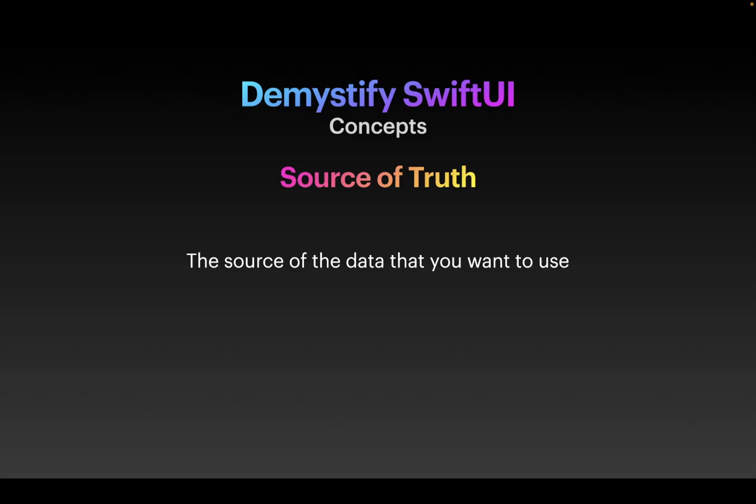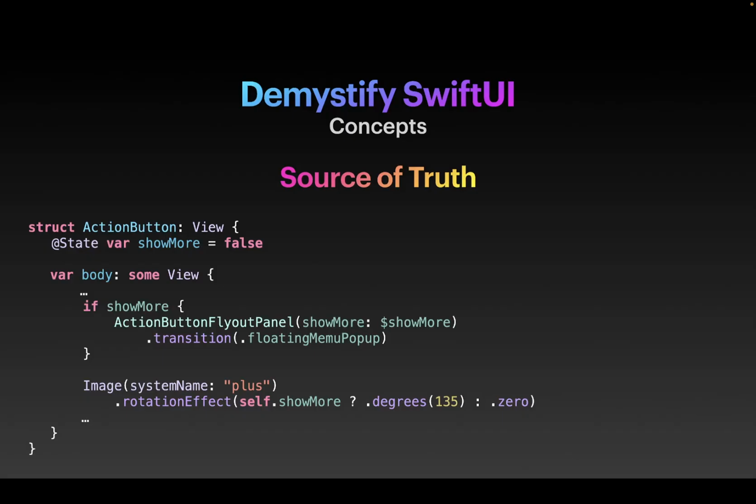And sometimes, just for some view, you may have some local state flag or variable. Let's take a look at this code. Last week, Thursday, we built an action button here, okay? That code is from there. And you can see there is one state variable named showMore, because when I click on the button, it creates a new flyout window, okay?